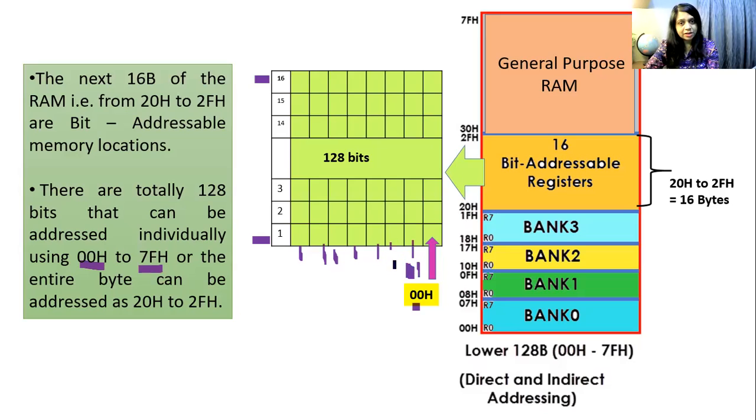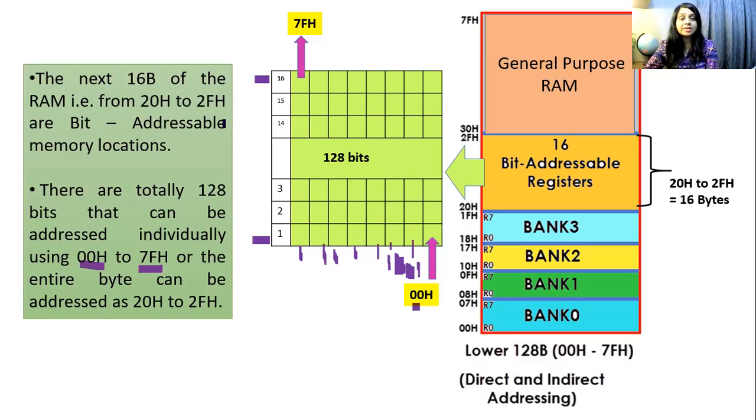This will have address 10 and so on. The last bit of the last register will have address 7F, because to address 128 bits, you need addresses from 00 to 7F. So there are a total of 128 bits that can be addressed individually.